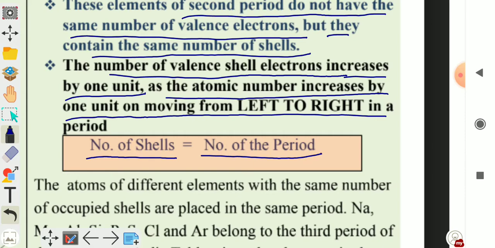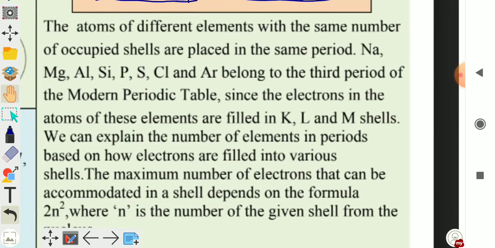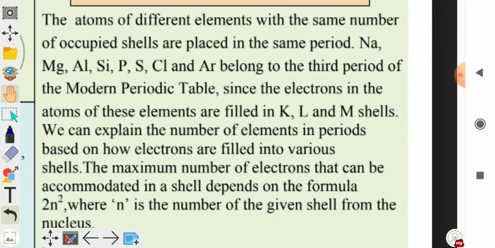And if the element contains 3 shells in its electronic configuration, then it will be placed in the 3rd period. The number of shells is equal to the number of the period. The atoms of different elements with the same number of occupied shells are placed in the same period.